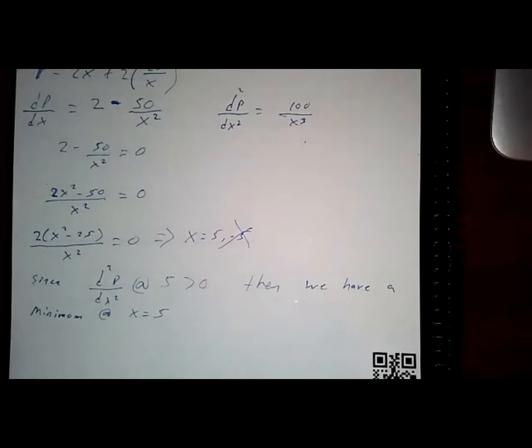I don't know what the y is, but at 5. Now let's graph it to verify our idea here. Do you have any questions so far, though? Not so far.